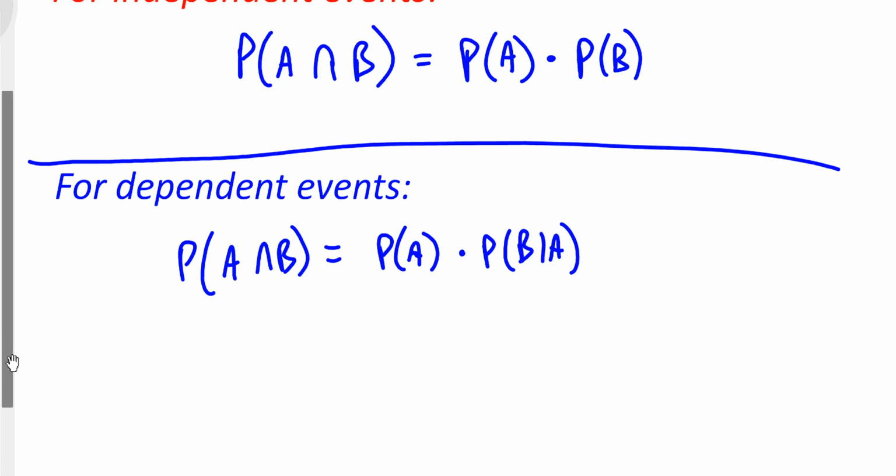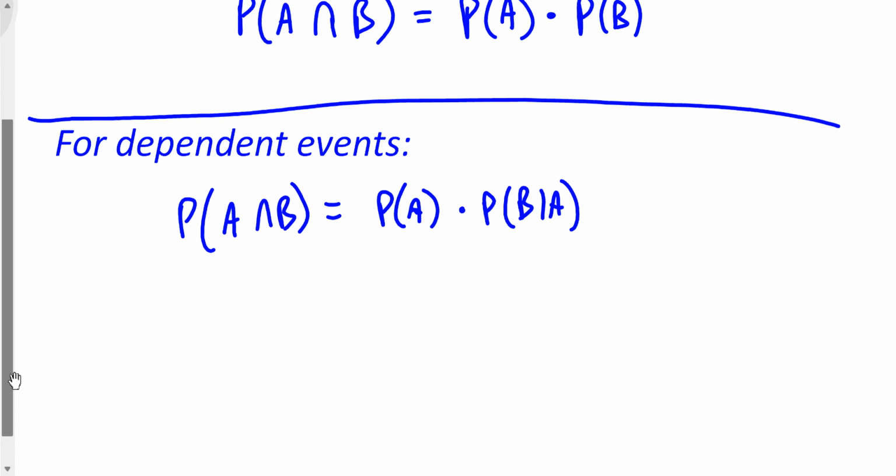Or we could rewrite it as the probability of B times the probability of A given that B already happened. So either way is fine, but that's how it changes. The second probability can change depending on if the first probability happened or not.